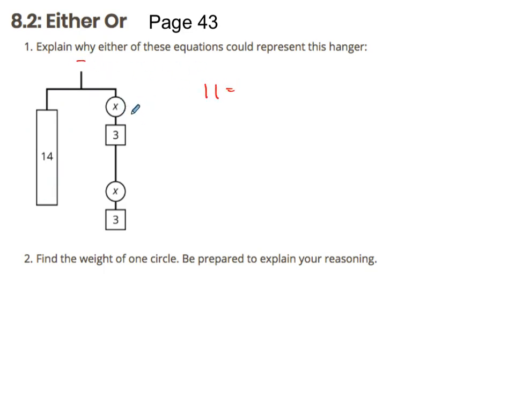How many x's do I have? 2 x's. How many 3's do I have? 2 3's. Or simplify this to 11 equals 2x plus 6. 14, not 11. Just joking.